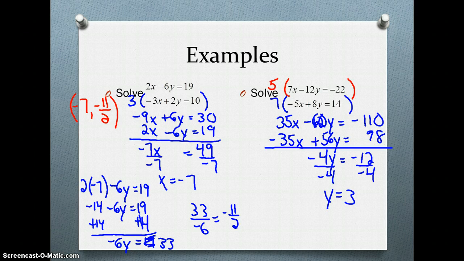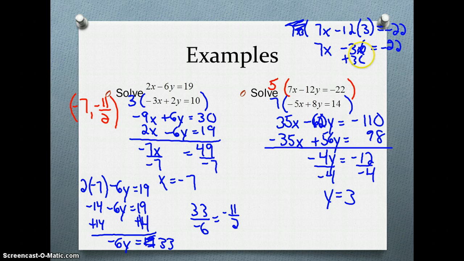In this particular problem, it doesn't matter which one we substitute back in. I'm going to do that up top here. I'm going to go ahead with the first one, 7x minus 12 times 3 equals negative 22. 7x minus 36 equals negative 22.